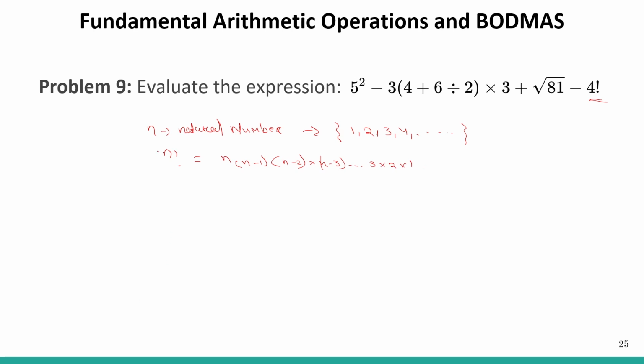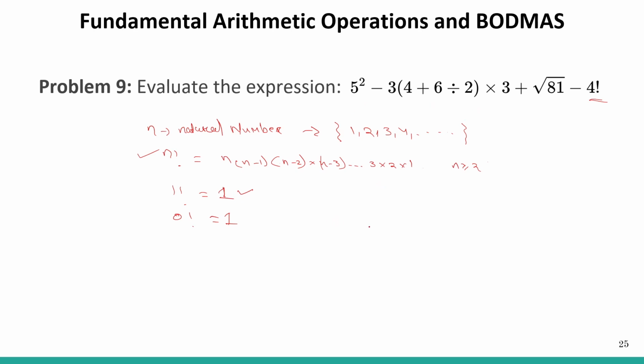So this is what n factorial is, for n greater than or equal to 2. And 1 factorial is equal to 1, and 0 factorial is also equal to 1. These are the things that you need to remember. So let's now solve this question.